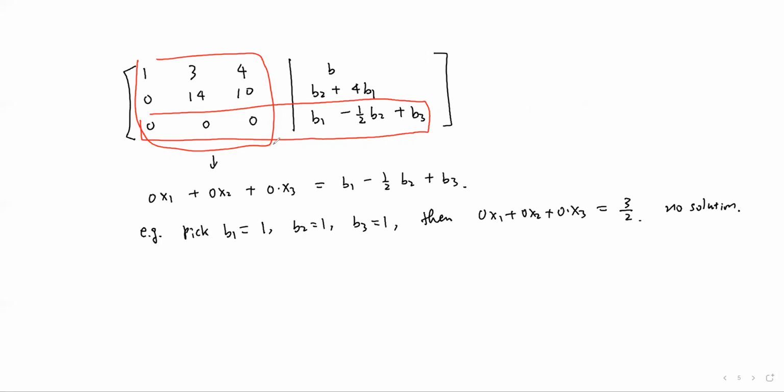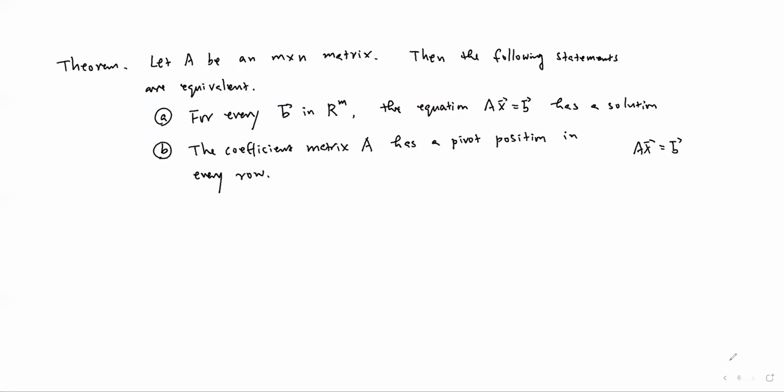Therefore, the linear system in that example has no solution for all vector B. So if this linear system has a solution for all vector B, then each row should contain a pivot position.